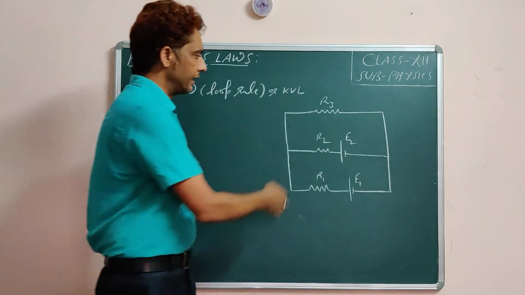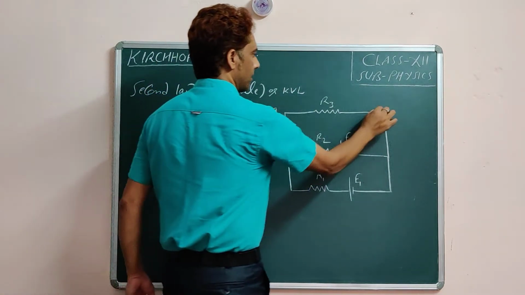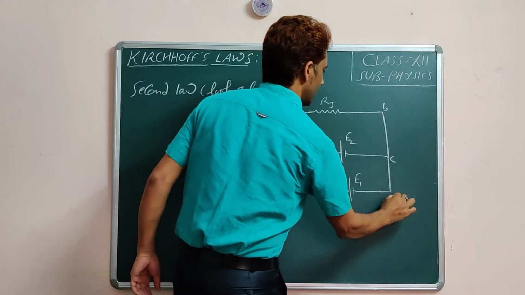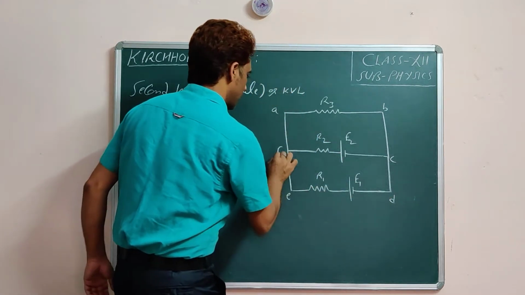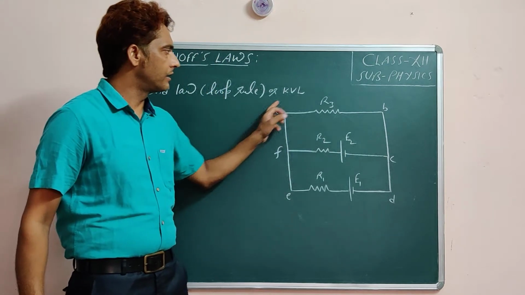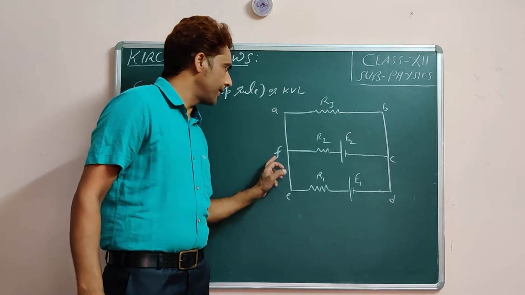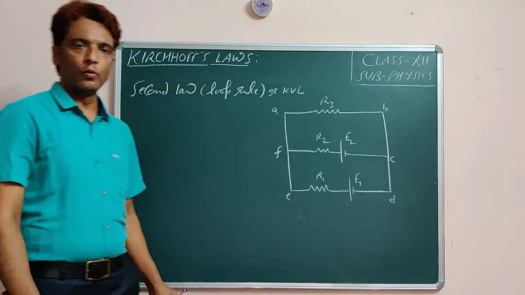Closed loop means, in this case you can see that if I name it as A, B, C, D, E, F, then A, B, C, F, A is a closed loop. F, C, D, E, F is also a closed loop.